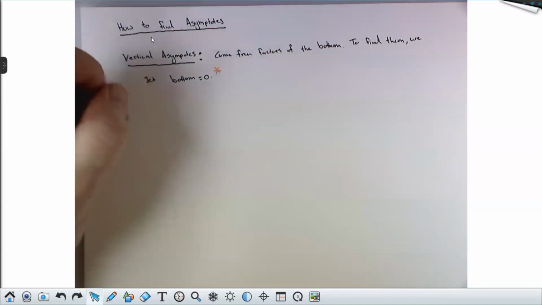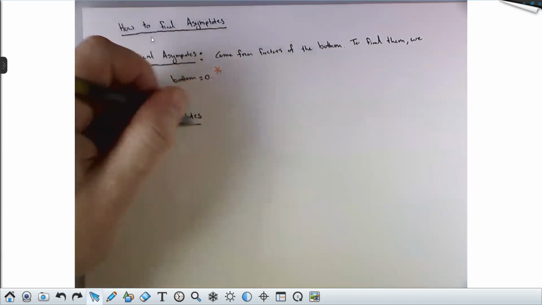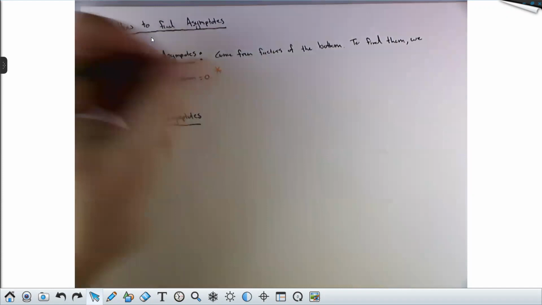Horizontal asymptotes follow a 3-case rule.